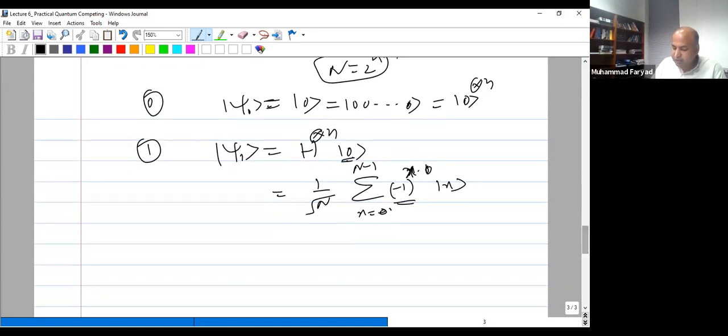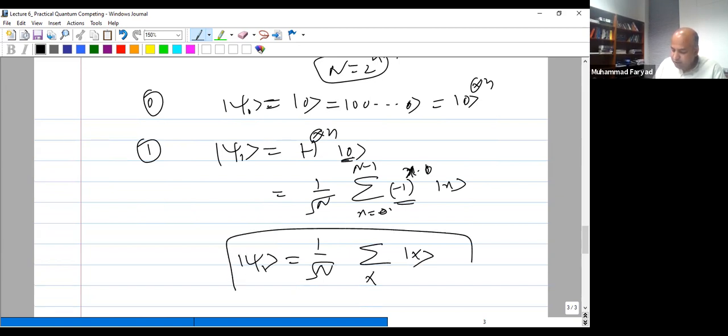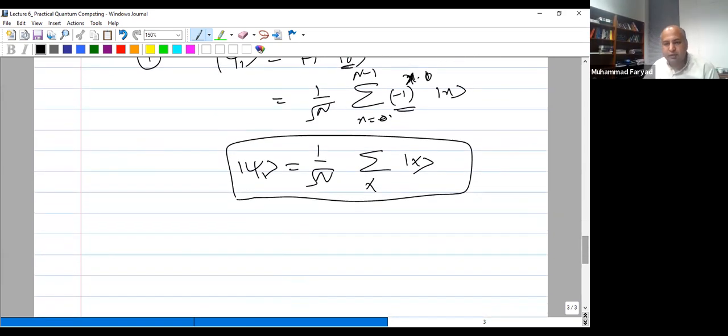But since the state that we're applying Hadamard to is 0, x·0 is 0, so minus 1 to the power 0 for all x is 1, so this goes away, and we have 1 over square root of N, sum over x. So we have a nice superposition of all possible combinations of the qubits in a uniform superposition.